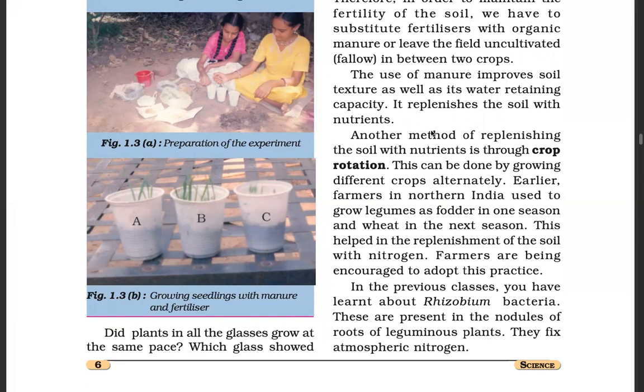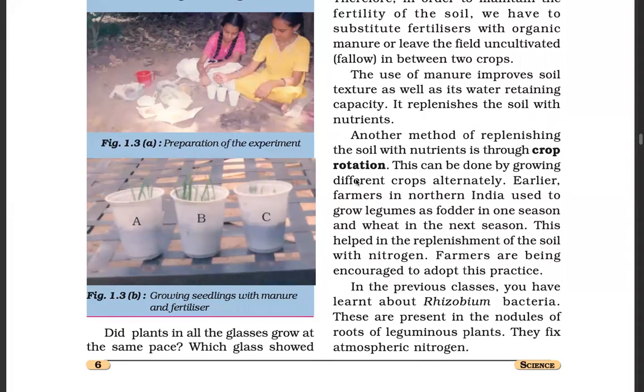Okay, so another method of replenishing the soil with nutrients is crop rotation. Like once we grow wheat, the other time we grow leguminous plants. Leguminous plants give nitrogen, nitrates, and nitrites, right?